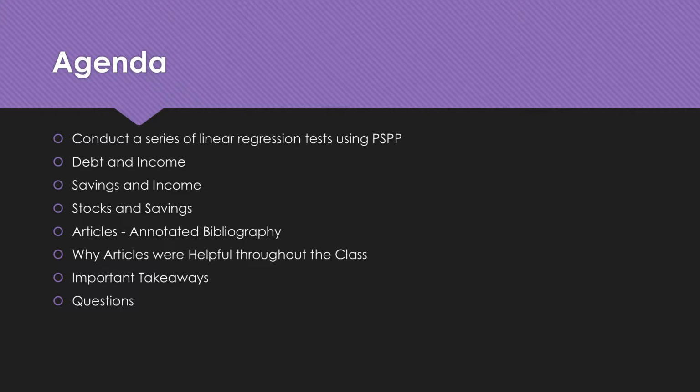Linear regression is used to determine the extent to which there is a linear relationship between a dependent variable and one or more independent variables. In the following examples, I want you to keep in mind that the rejection rule is that we reject the null hypothesis when p is less than alpha and alpha is equal to 0.05, and we fail to reject the null hypothesis when p is greater than alpha.